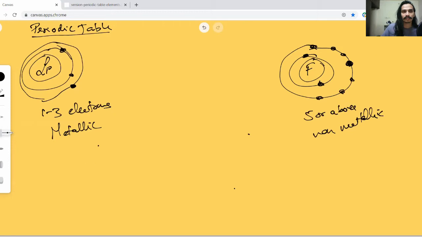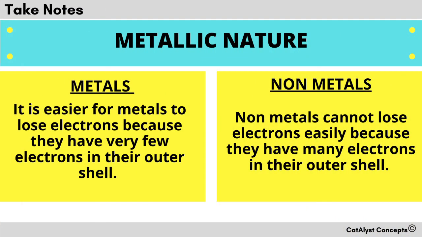And as you go forward, you keep adding electrons while you go to the right. Initially from 1 we go to 2 electrons, 3, 4, 5, 6, 7, 8, all the way till the end. It means that as the electrons are increasing, the metallic property is reducing and they become non-metallic in nature.